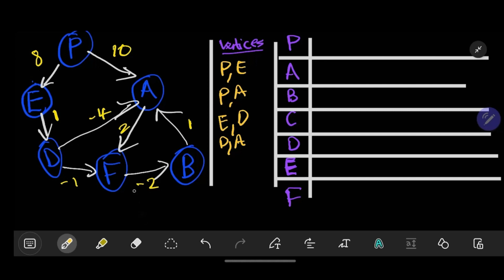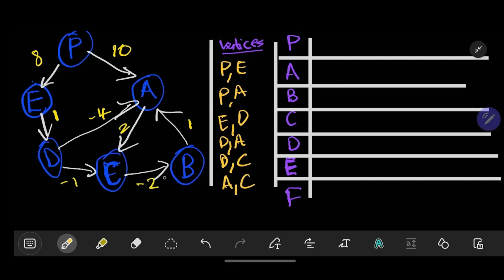We can then have DC going down here. Just one change we need to make to this graph. This should actually be C because we're missing C. Okay, so this would be DC. Then we'll have AC here, so AC.